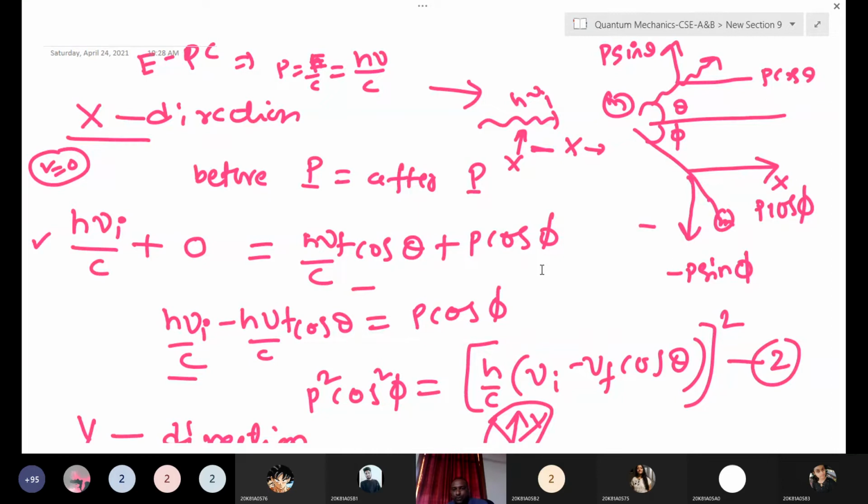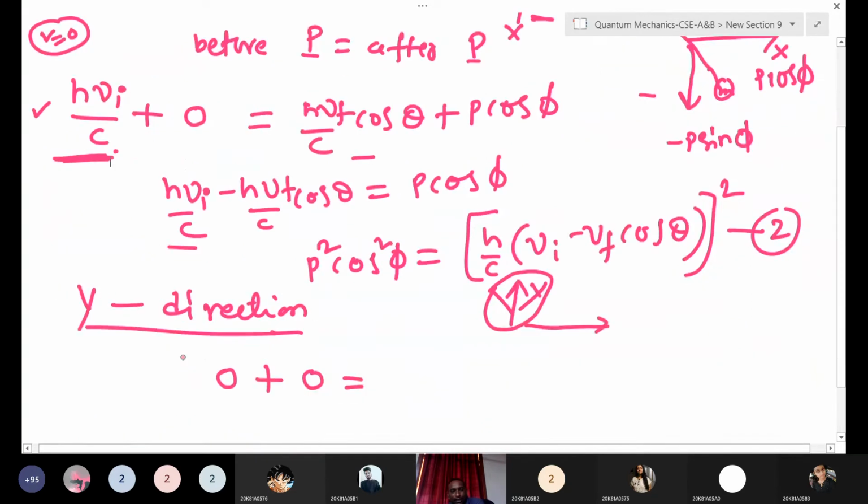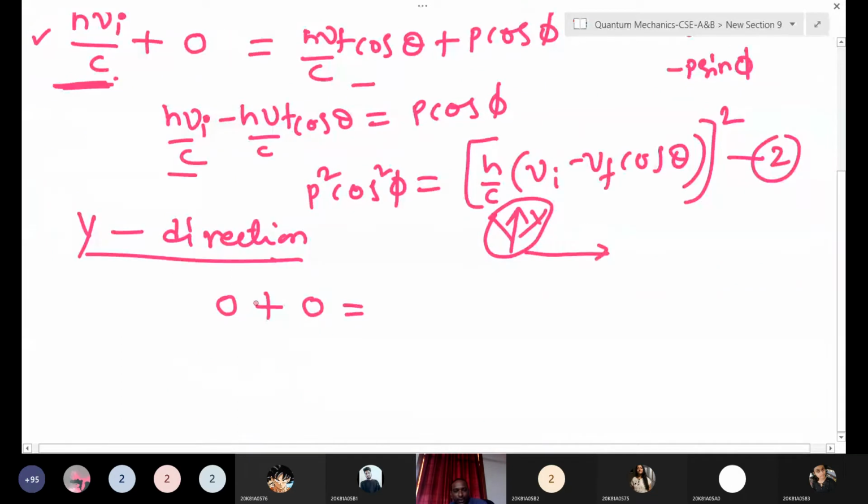In the x direction we have applied the conservation law, where photon momentum is h nu i by c. But along the y direction the photon is not going, so momentum is 0. That's why it is 0.